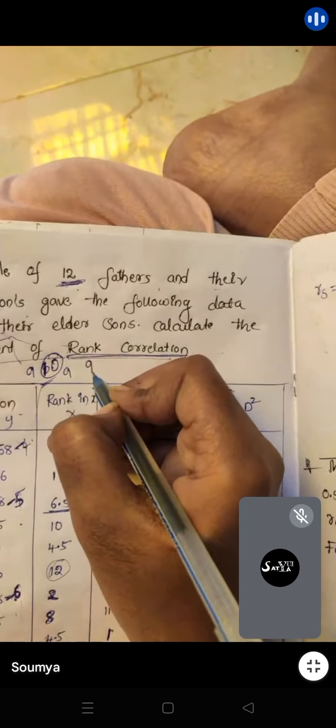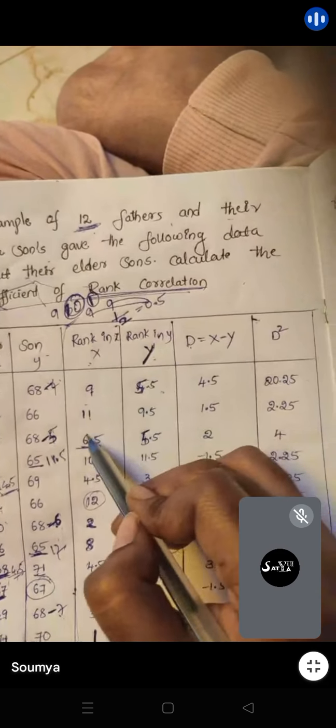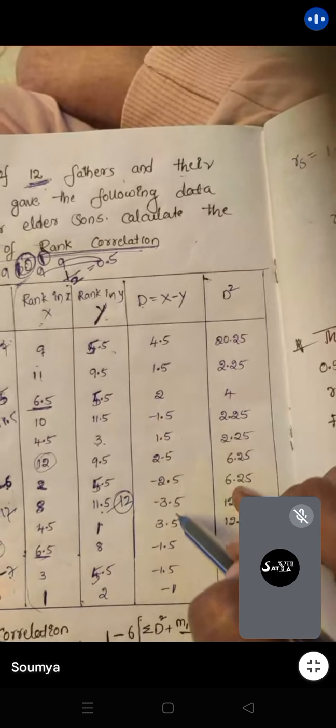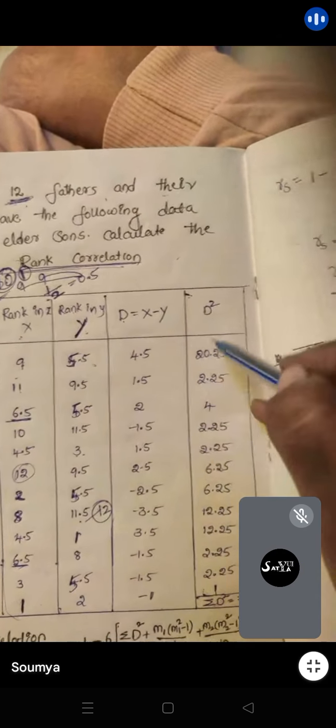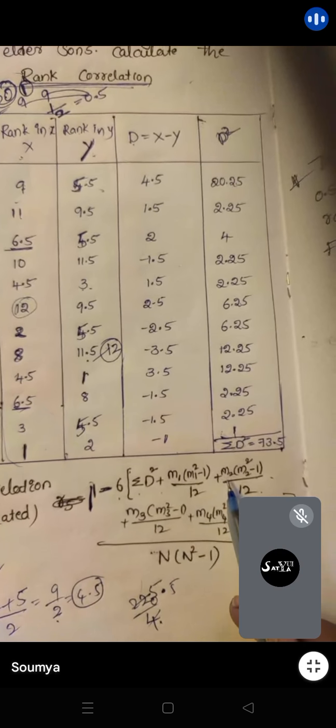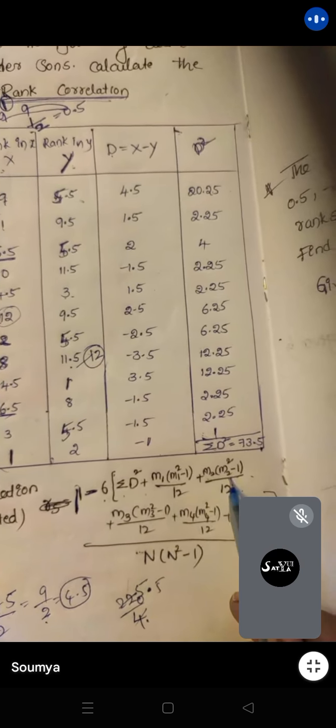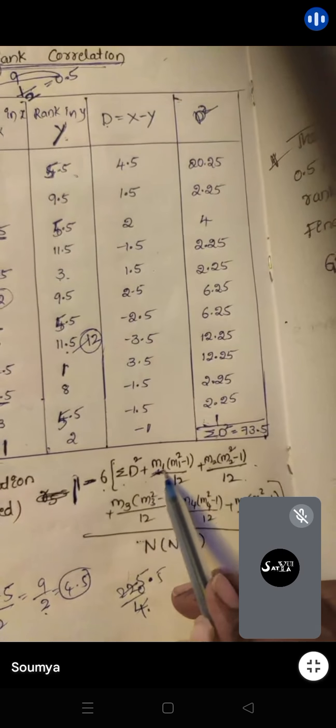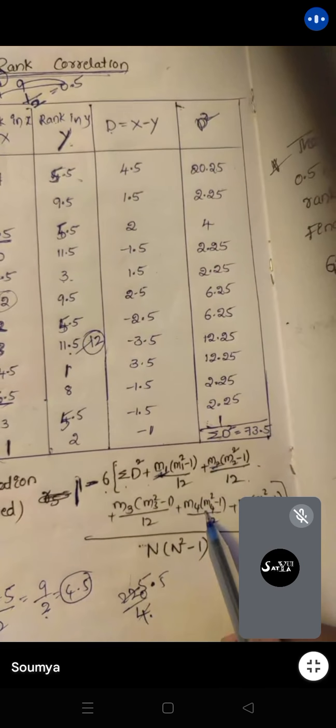Okay. After this you have to take d equals x minus y. So if you get these values after the deviations, you will get d square. After that, you have to use this formula: 1 minus 6 summation d square plus m1 into m1 square minus 1 plus m2 into m2 square minus 1. Here how many m's am I taking? 1, 2, 3, 4, 5.